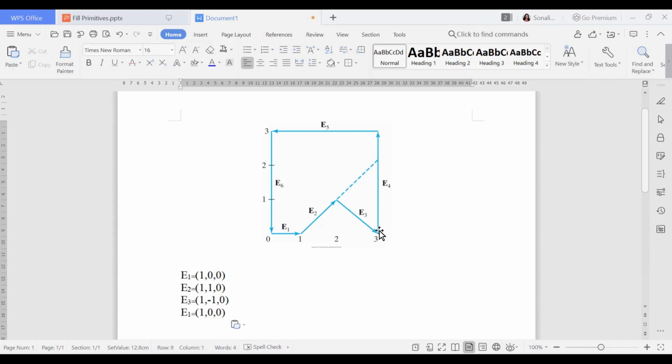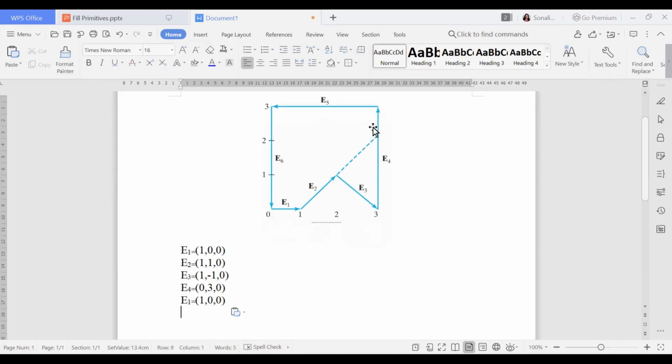Now let's see my E4. What will be my E4 value? Here you can see for E4 I'm crossing 3 units towards my y-axis, so my x value will be 0, y value will be 3, and as it is going in the same direction, it will be positive, and my z-axis will be 0.